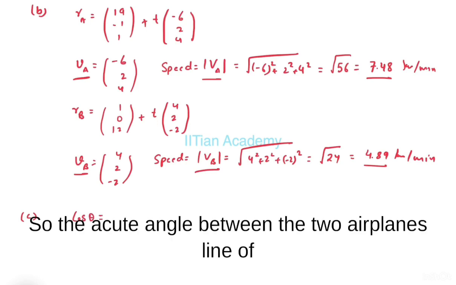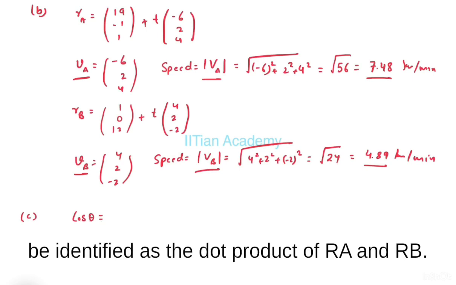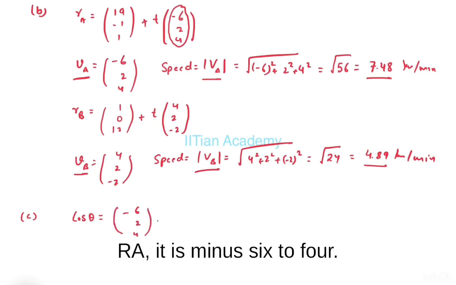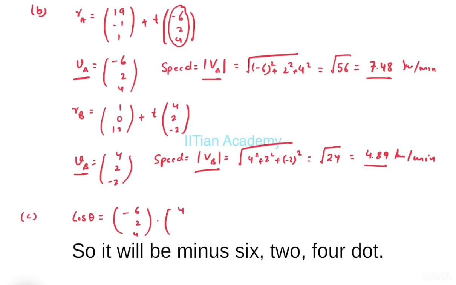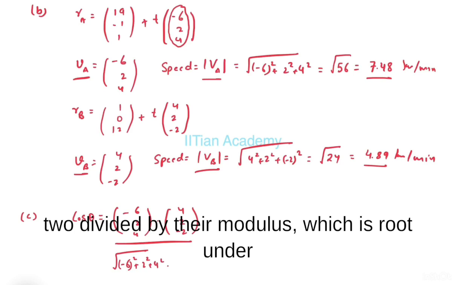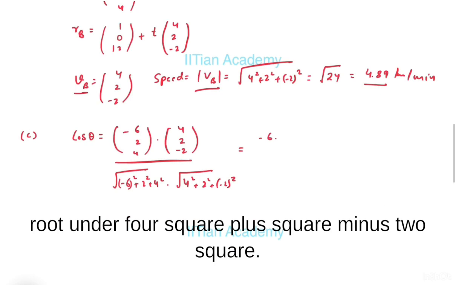So the acute angle between the two will be, say, cos theta, which can be identified as the dot product of the direction vectors. For A it is (-6, 2, 4), and for B it is (4, 2, -2), divided by their moduli, which are root under (-6) square plus 2 square plus 4 square and root under 4 square plus 2 square plus (-2) square.